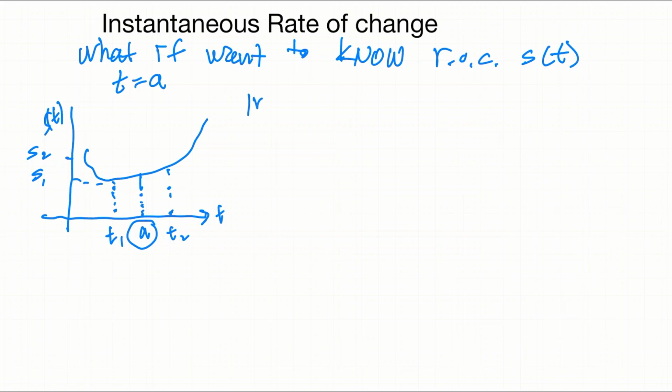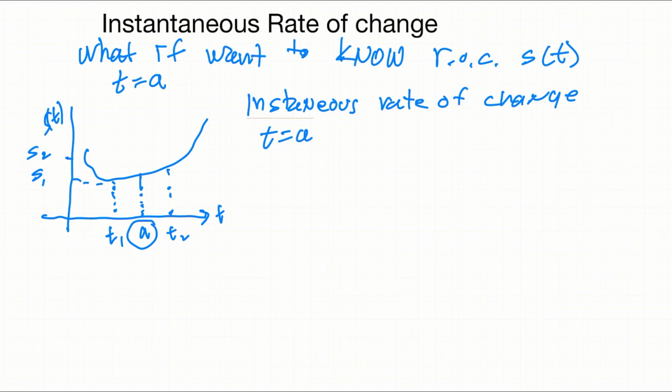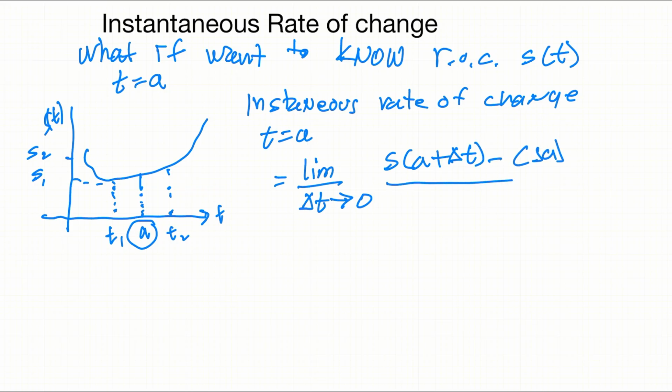So we want to know our instantaneous rate of change, and we will look at this at t is equal to a. That's going to be the limit as delta t goes to 0 of S of a plus delta t minus S of a, over delta t.